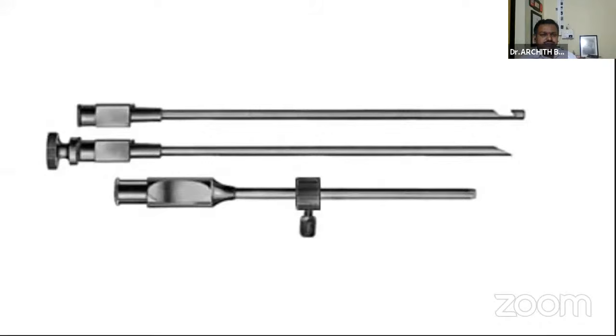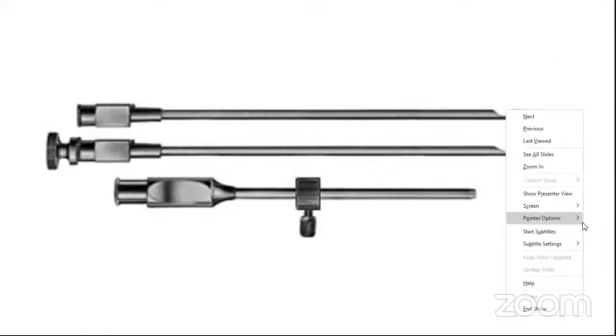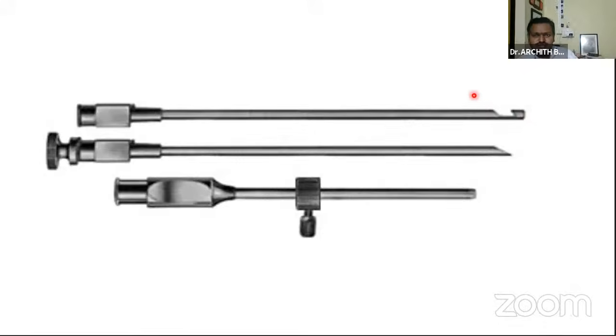How do you make it out? You can see that at one edge there is a hook. Massive effusion. So that's the hook. That's how you differentiate it from other needles. It has a trocar, it has a cannula, and it has a hook at the edge.